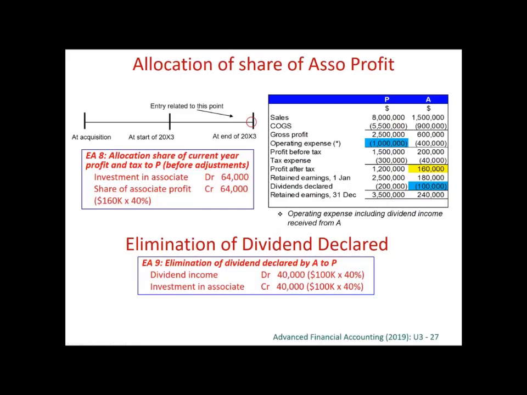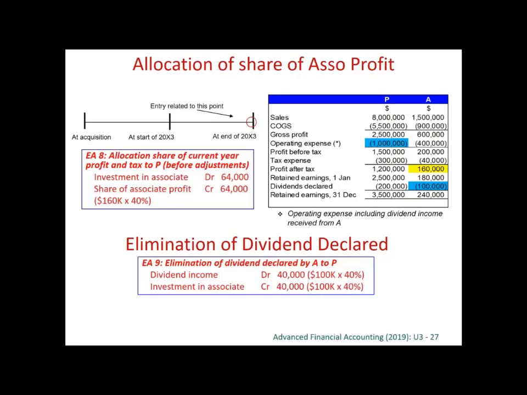When we receive dividends, the investment balance should go down. Just like when I receive dividend from Hong Kong Bank, my investment balance should go down because they pay out investment. You increase your investment when we share the profit already, so therefore any dividends will reduce the investment balance.